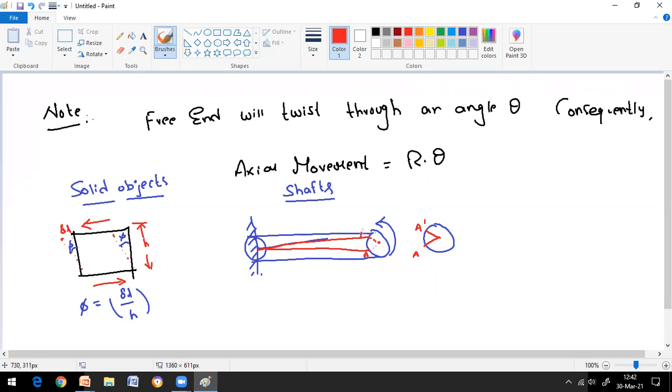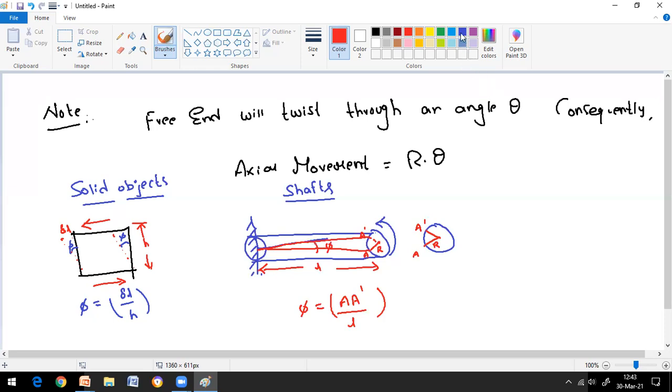This is the radius of the member, and this is the length of the shaft. Here, phi is the shear strain. Phi is equal to AA dash with respect to the length of the member. This is the shear strain of the shaft, where the shift takes place from A to A dash with respect to the length of the member. This is how we can define shear strain in shafts.